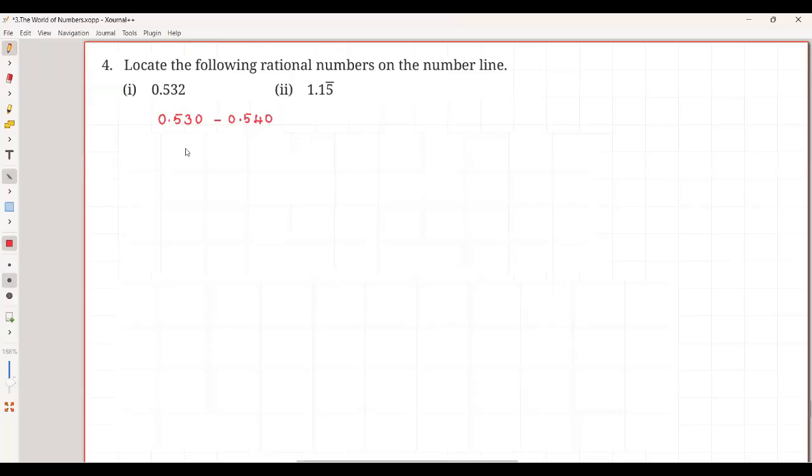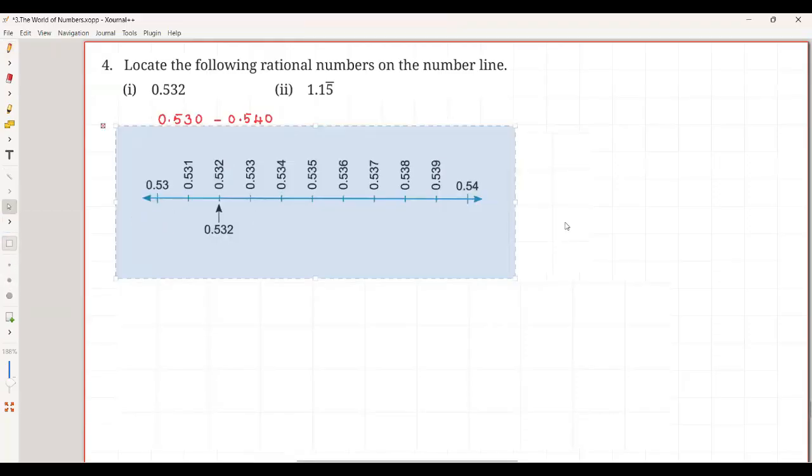Okay, starting and ending we know. Now we can draw the number line and plot the point. I will show the answer here. First, draw the number line starting from 0.530 and ending with 0.540.